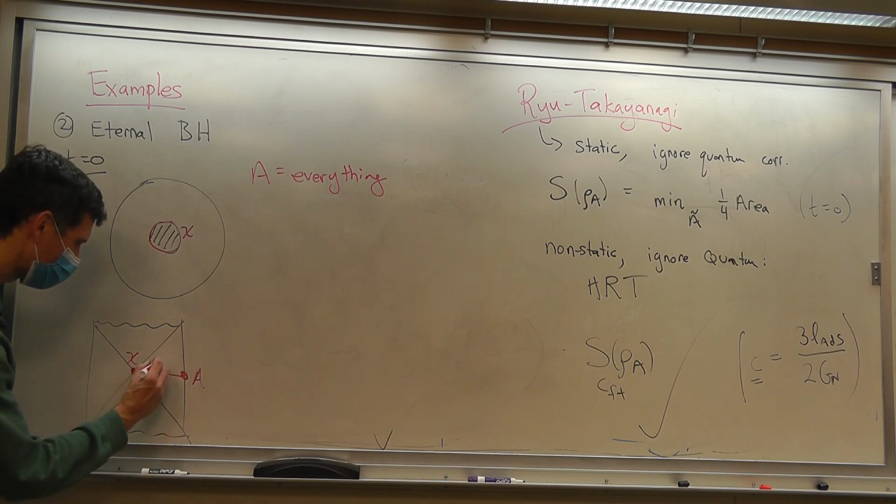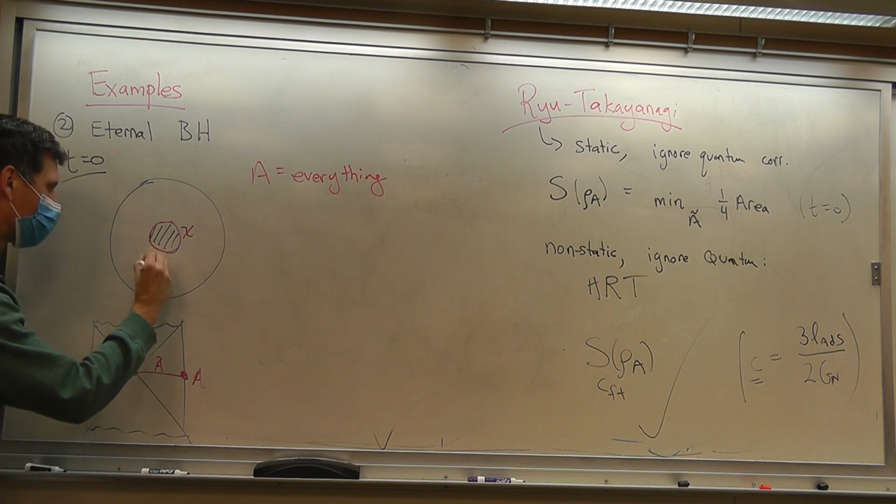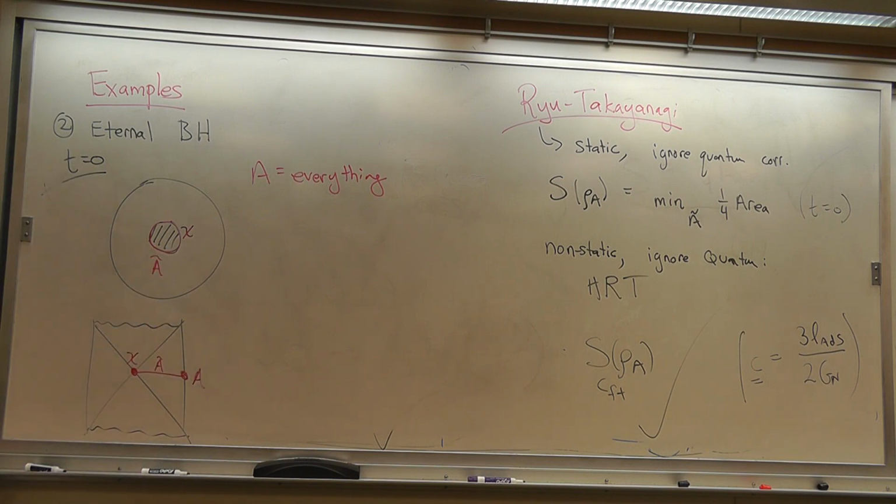And so A tilde is everything outside the black hole on the right. And if you remember the picture of the Einstein-Rosen bridge, which is the spatial geometry going across this thing, it looks like this tube, and chi is this thing in the middle. So it is a minimal area surface sitting at the horizon.